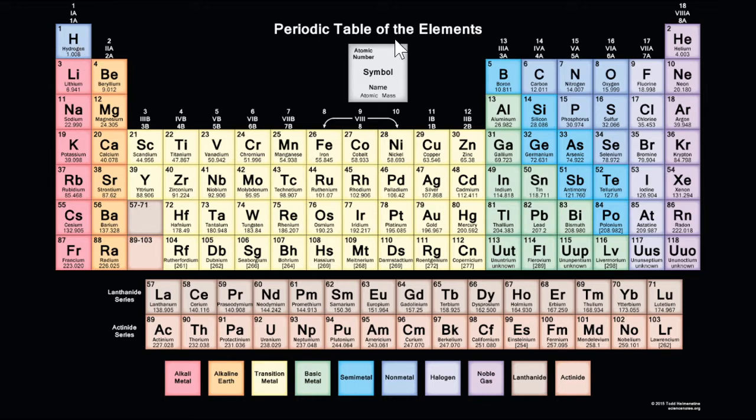H for hydrogen, He for helium, so capital H and small e. Please note that we capitalize the first letter and use a small letter for the second. This is so important. It is very strict in writing down the chemical symbol. Lithium is capital L and small i, so Li.